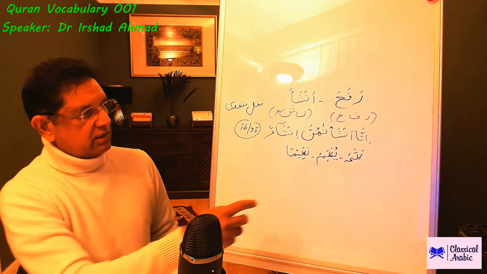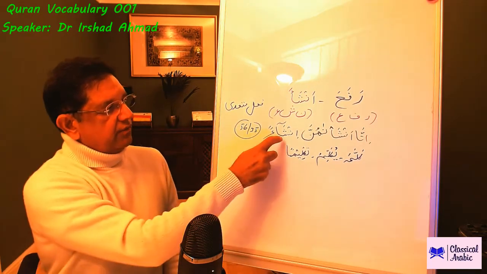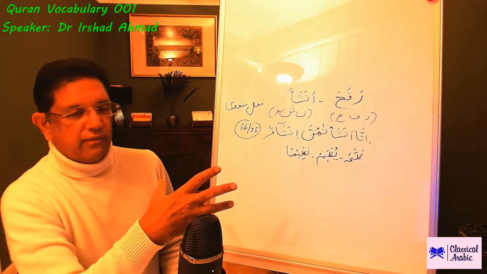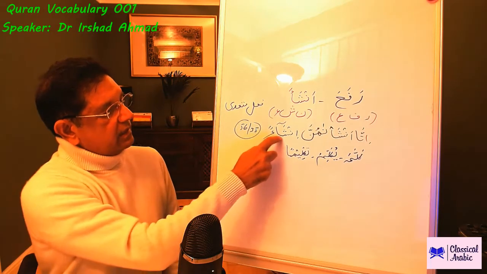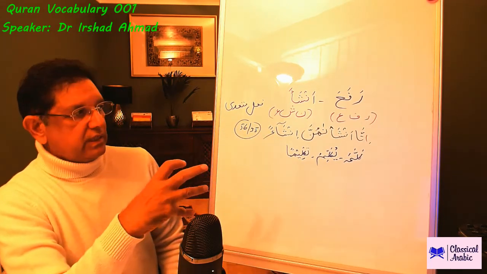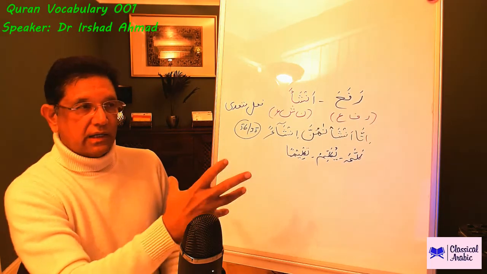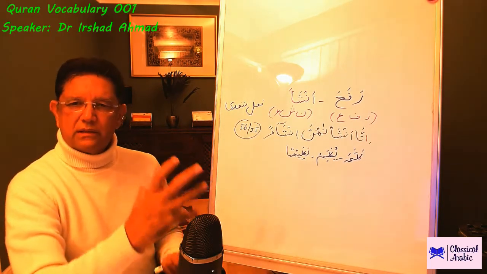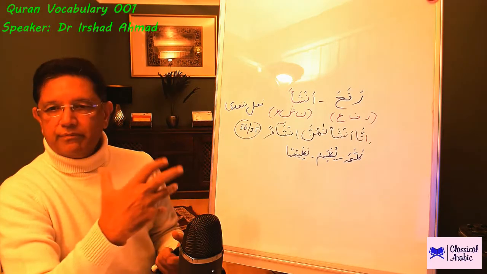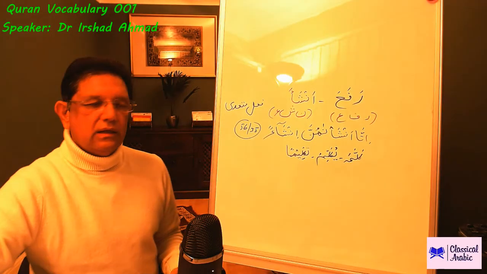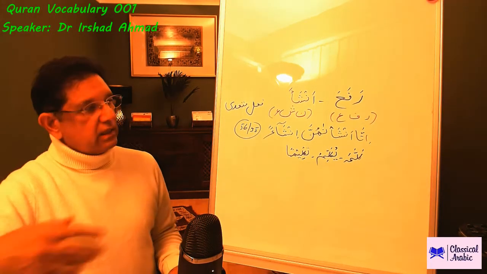So this is basically for emphasis. And here the emphasis is that we created them, creation or action of creation, which means a special kind of creation, very lofty creation or a special creation. That kind of meaning it's going to give.